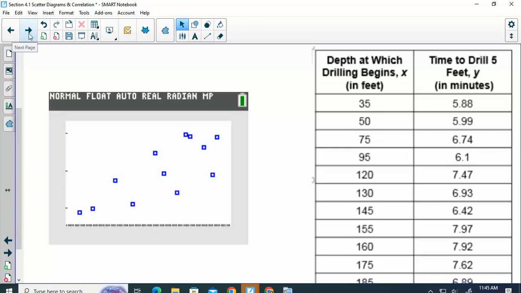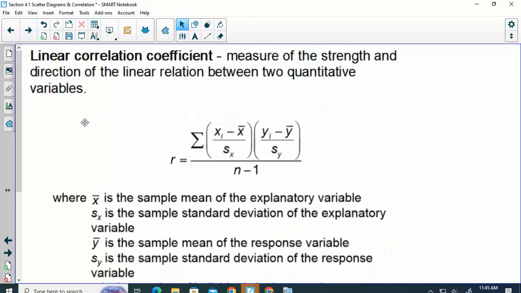Okay. So to decide how good the relationship is, we need something more than us just saying, those look close together or those don't. We need a better, more scientific method of describing that. So we're going to look at what's called a linear correlation coefficient.